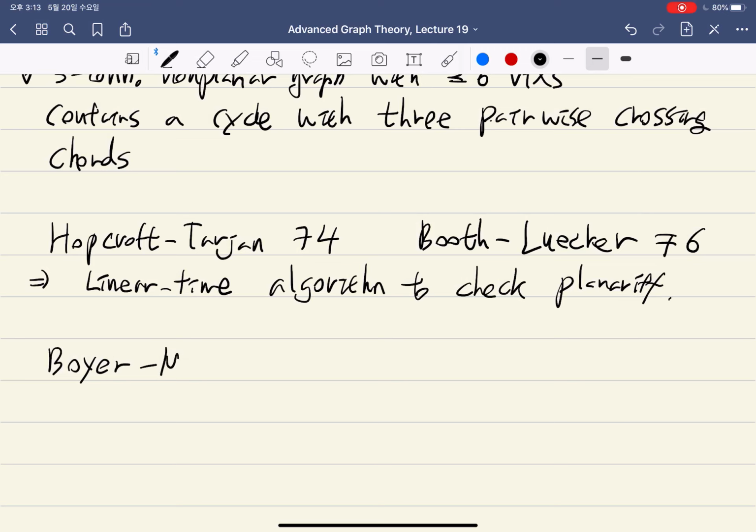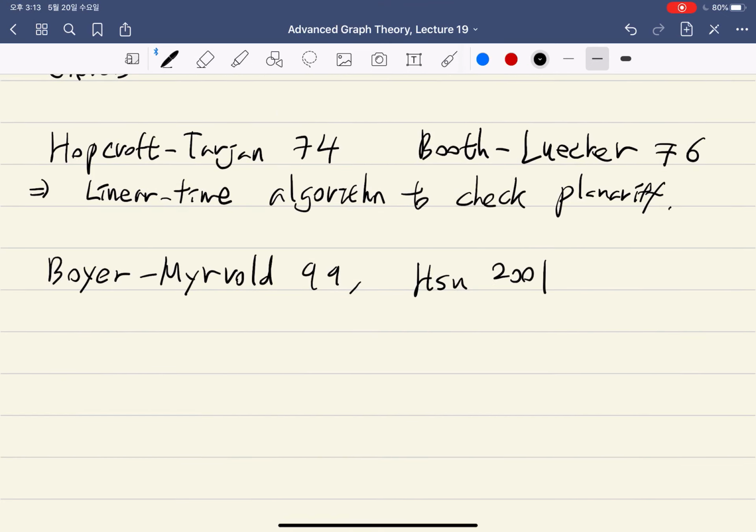And Boyer and Myrvold in 99, or Hsu in 2001, proved a simpler linear time algorithm.